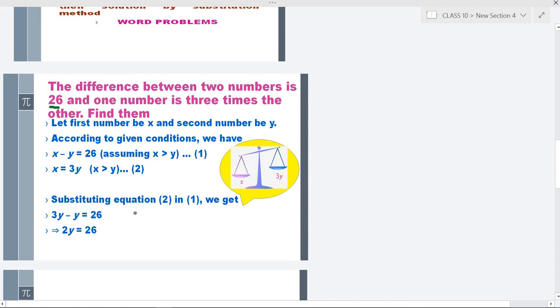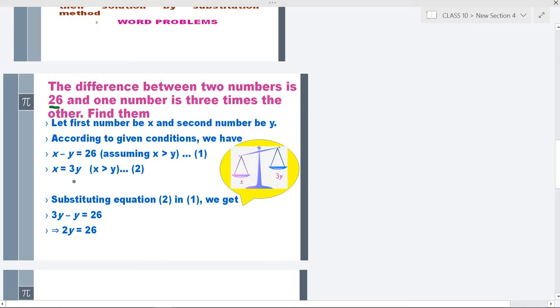Now you see the sum is proceeding in a very simple manner. Here it is so simple that the value of x is directly given to you in equation 2. So substitute this value in equation 1. Now this decision you should take on your own. Every time you should change your approach from sum to sum. Don't be rigid. Be flexible.